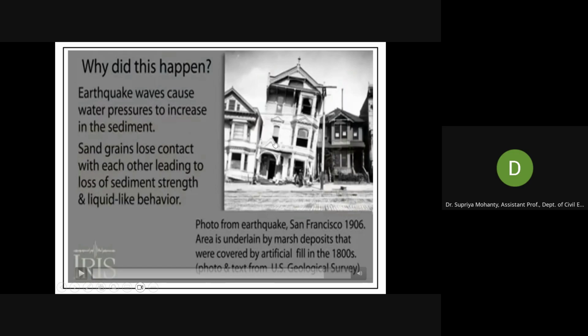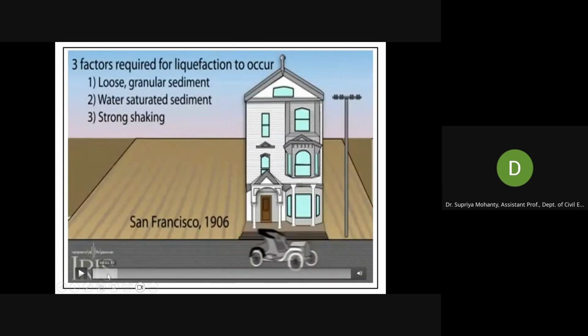So here the tall building was designed perfectly fine, but there was a sediment layer at shallow depth.